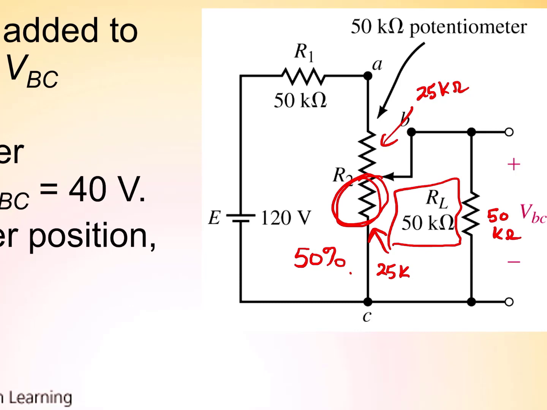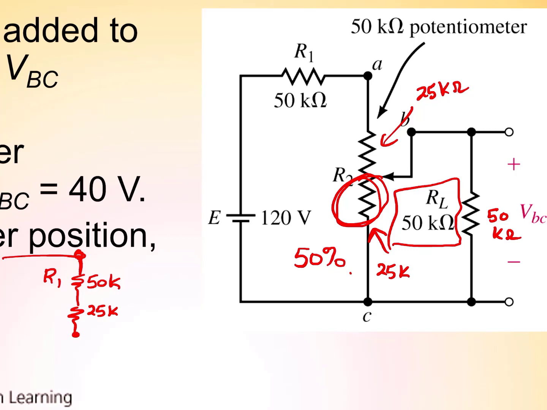So how do we interpret that then? Well, what it would actually look like is a circuit like this. 50k as R1. Then you'd have 25k in series with that.